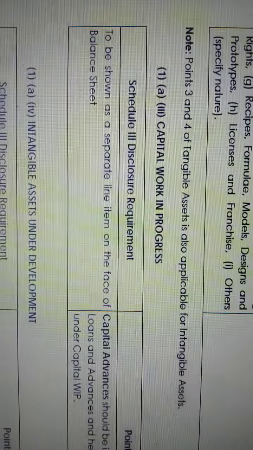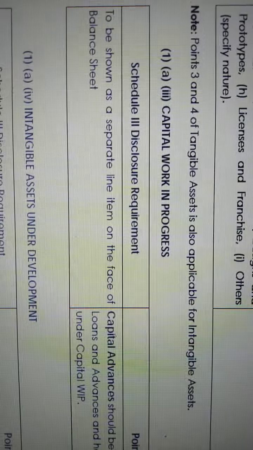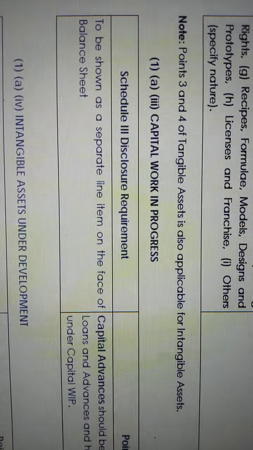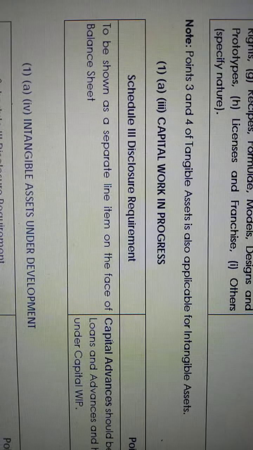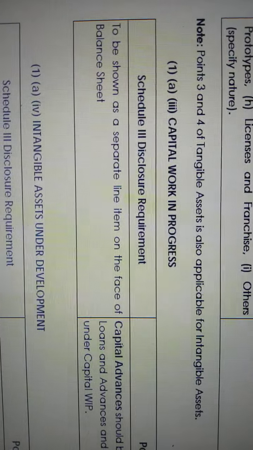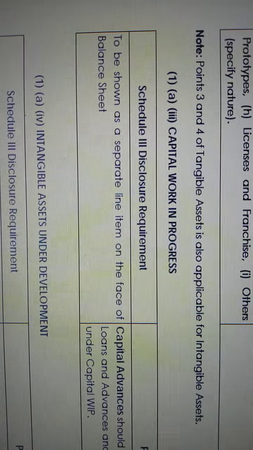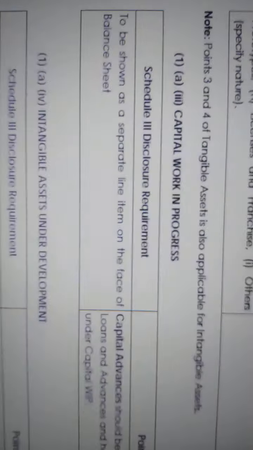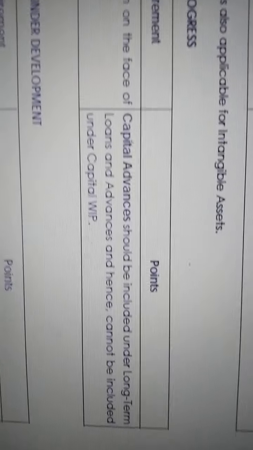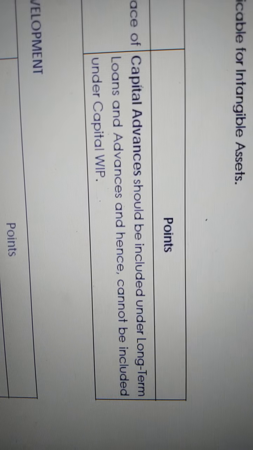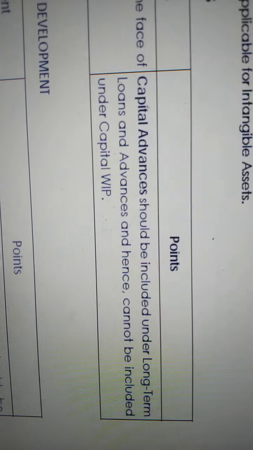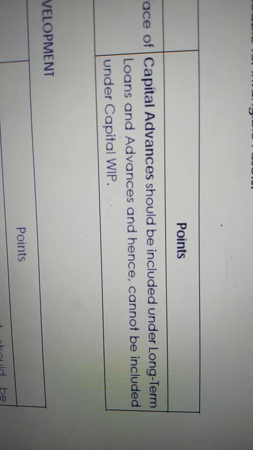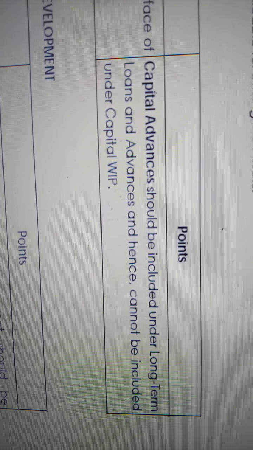Capital work in progress. What is the meaning of capital work in progress? Assets under construction, correct? An asset that is getting ready for future use. Okay, it should be a separate line item. Remember for 1 mark, capital advance should be included under long-term loans and advances, and hence cannot be included under capital WIP.